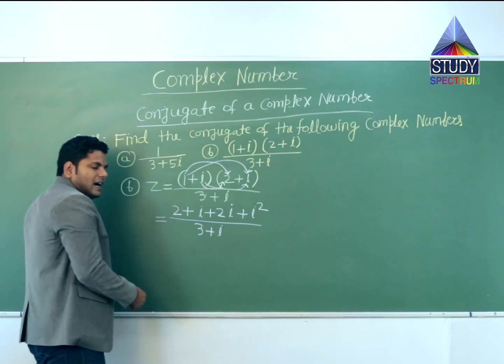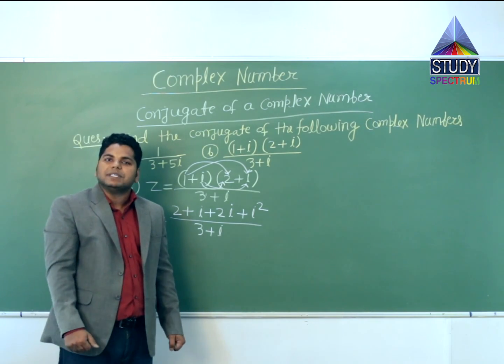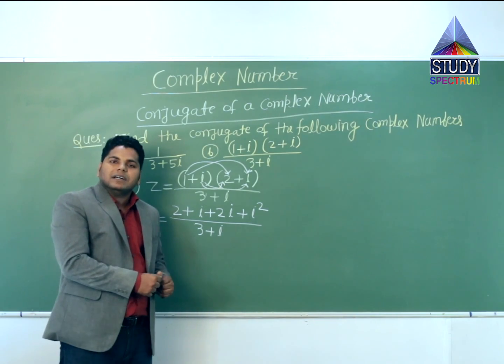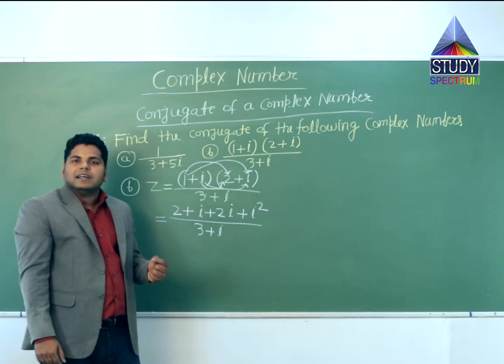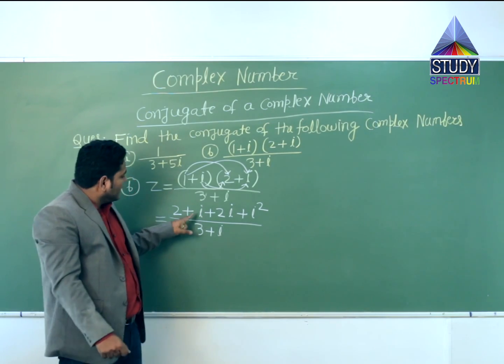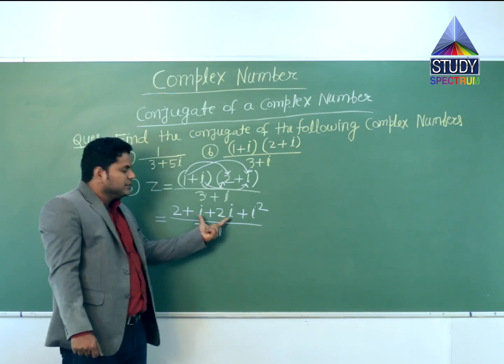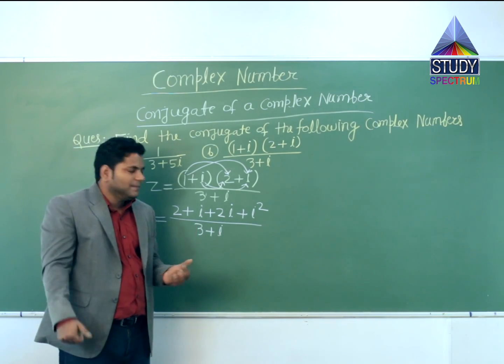So now we have discussed while studying algebra of a complex number that algebra of a complex number follows algebra of a real number. So here we'll add i terms with i terms and terms without i with terms without i.